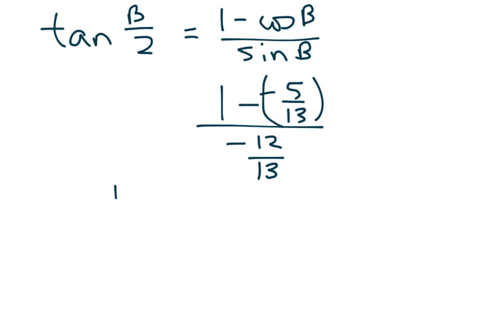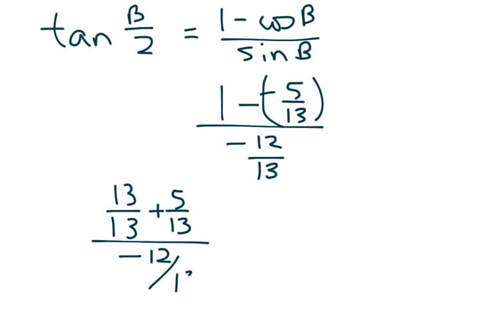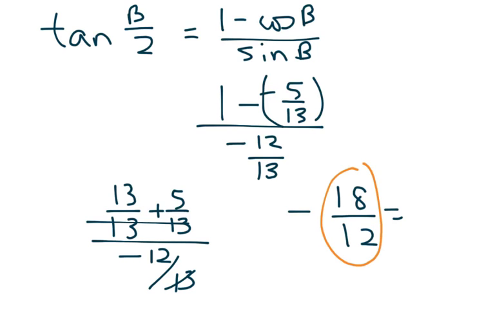That gives us 13 over 13 plus 5 over 13 all over negative 12 over 13. The 13s are going to cancel. You get 18. I'll put that over negative 12. I can reduce this by 6 each, so that's going to be negative 3 over 2. And we're done.